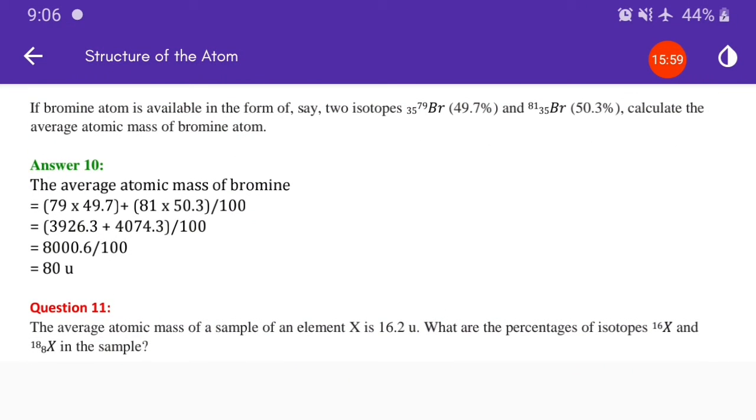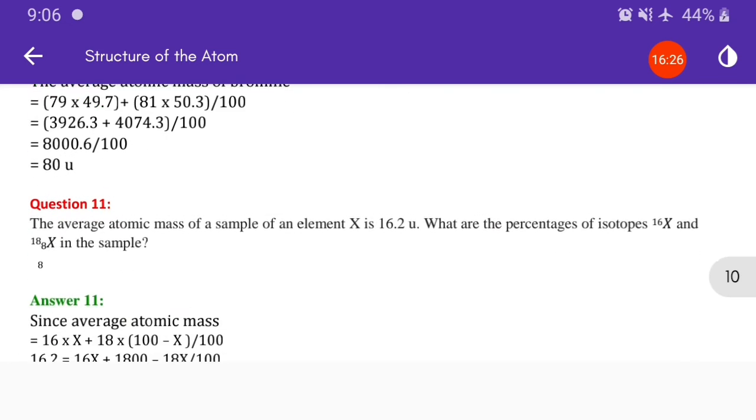The average atomic mass of bromine is 79 into 49.7 plus 81 into 50.3, divided by 100. When you add this up and divide by 100, you will get 80 unit. So here we can say the average atomic mass of the bromine atom is 80 unit.